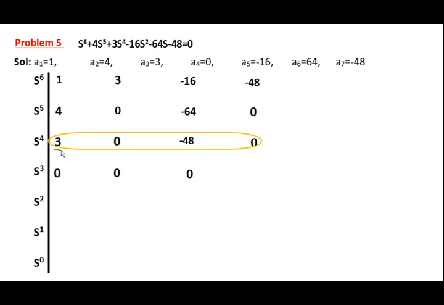So now we have 3 and the function is S^4. The S^4 coefficient is 3. So we can write 3 into S^4. Next, the 0 is the coefficient of S^2, not S^3.